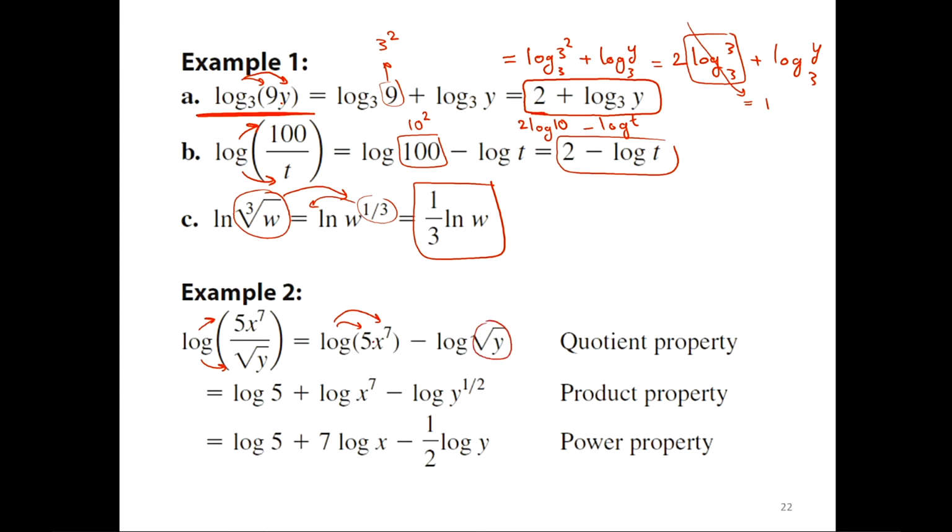And radical y equals what? y to the power half. Now we can put the 7 multiplied by log x and half multiplied by log y. So we have log 5 plus 7 log x minus half log y.